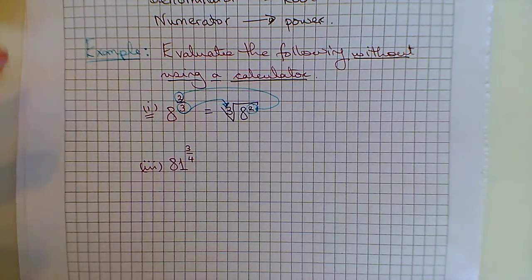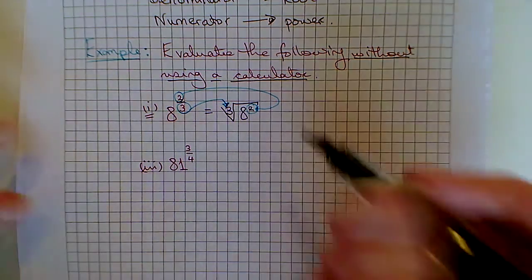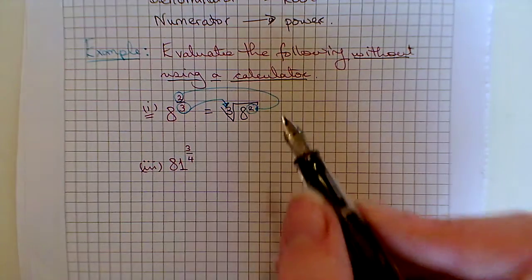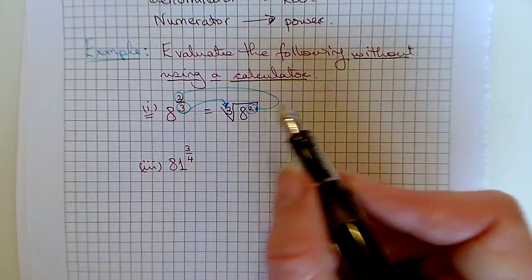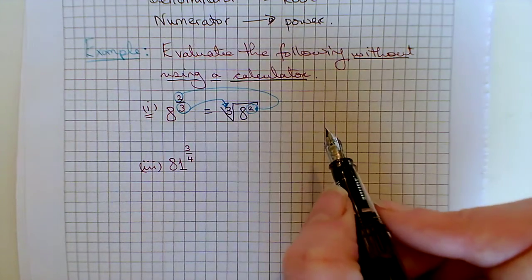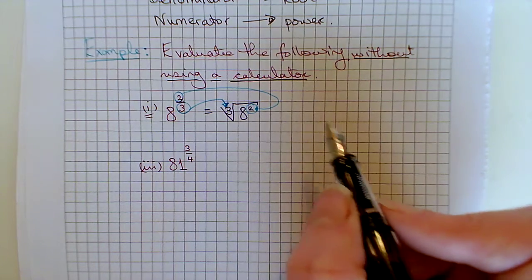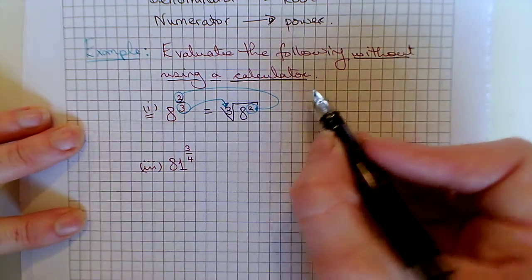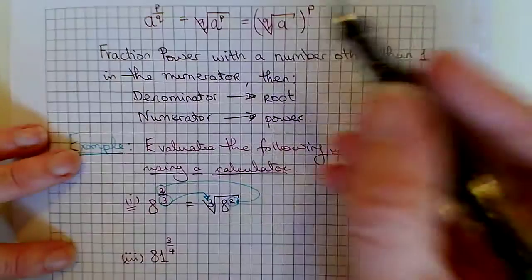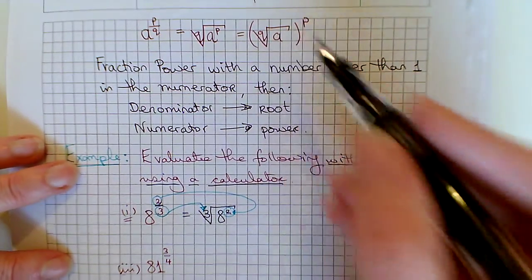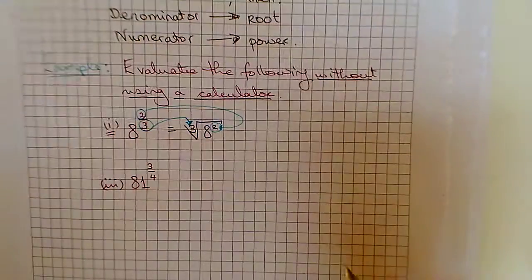Okay, so we could write this as the cube root of 64, but I don't necessarily know the cube root of 64 off the top of my head. I should, it's in our list of 5. And I said that it didn't matter whether we did the root first or the power first. So that's one way of writing it.